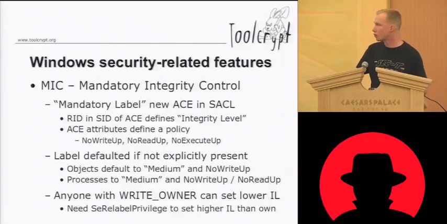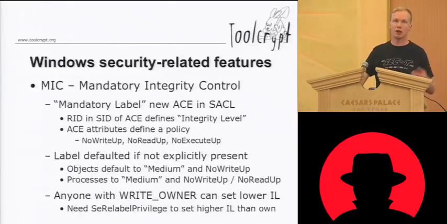For every other object, it's no write-up. The reason why processes also have the no read-up policy is to prevent a low integrity process from reading sensitive memory from a higher integrity level process, such as maybe passwords stored in memory or something like that.